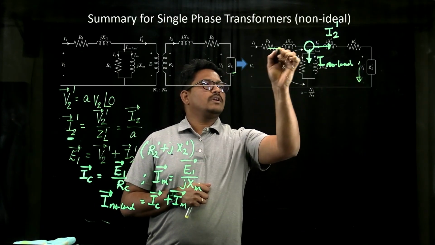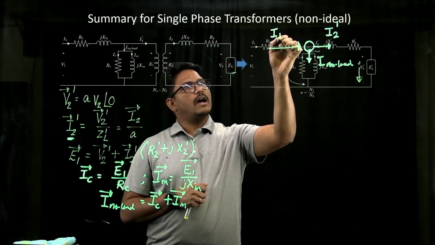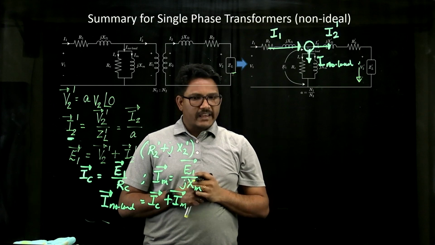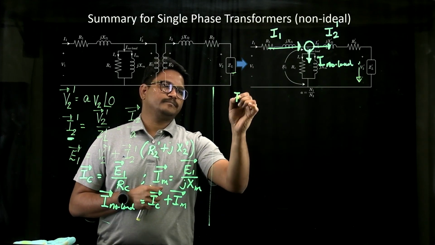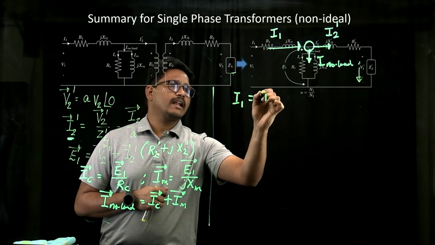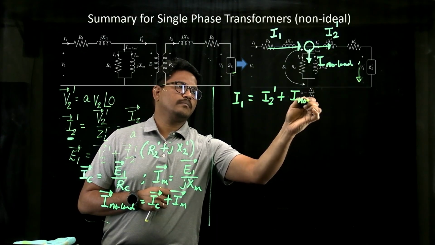So the amount of current that is coming into this particular point is nothing but our I1, which indicates that the value of I1 can be calculated as I2 dash plus I no load.